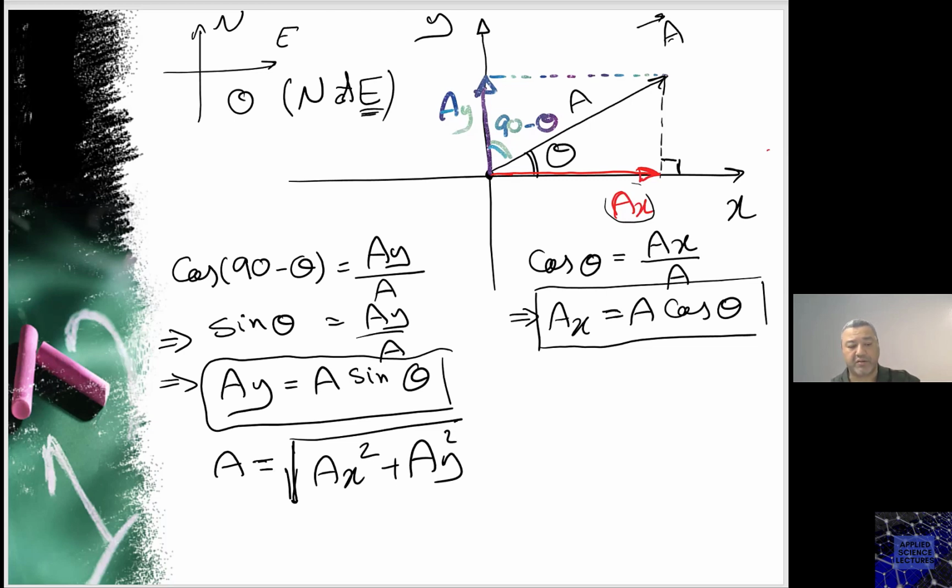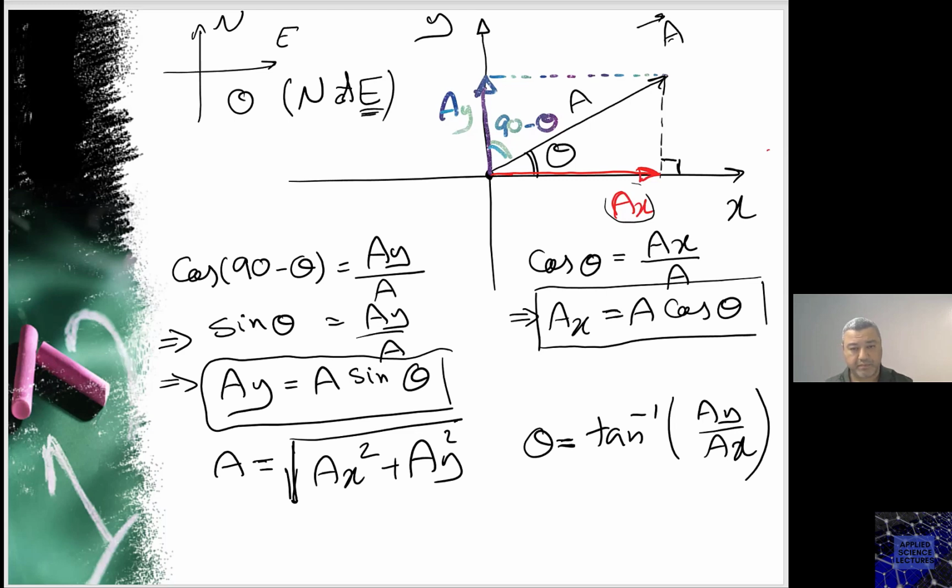So I got the magnitude. If I want to get theta, which gives me the direction of the vector, then it is tan inverse of AY over AX. So knowing the angle and the magnitude, I can get the projections. If I know the projections, I can go back and find the magnitude and the theta, which means the angle. Any questions so far?